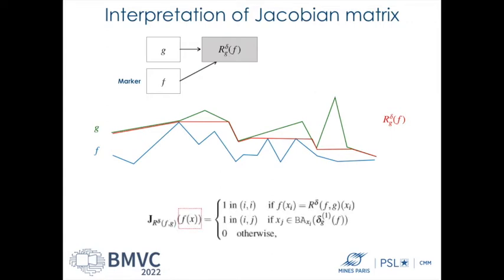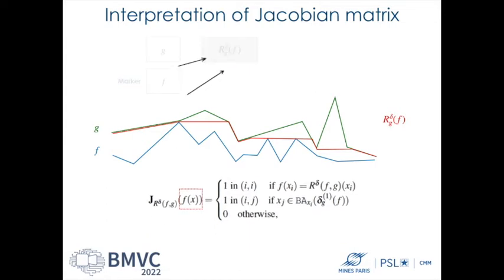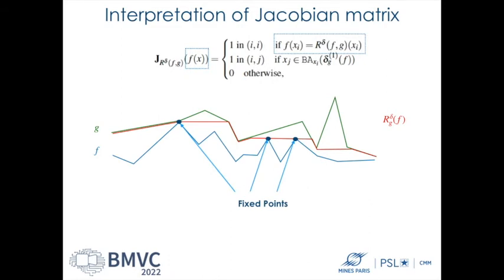In the paper we have all the details, but the conclusion was that if we consider the Jacobian matrix with respect to F, it contains only ones and zeros, and it has ones on the diagonal if x_i is a fixed point of the reconstruction.